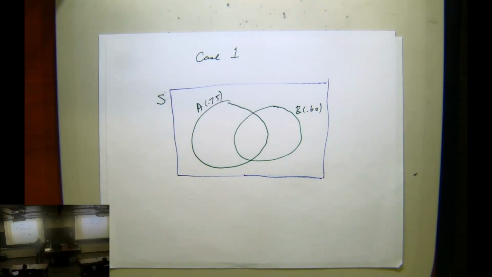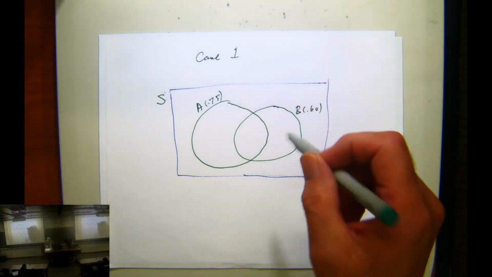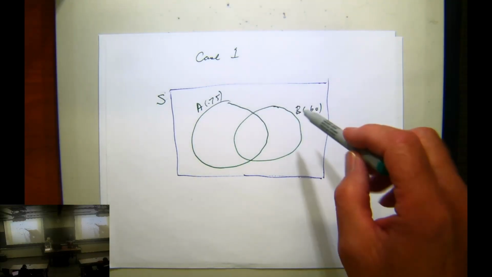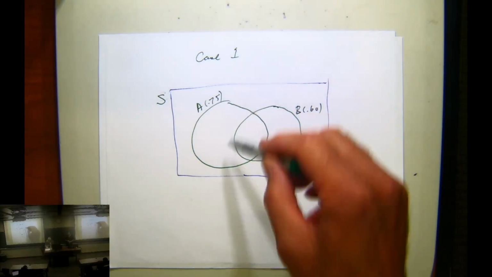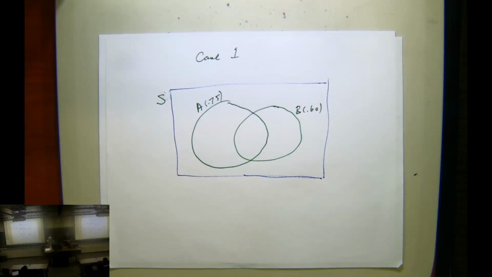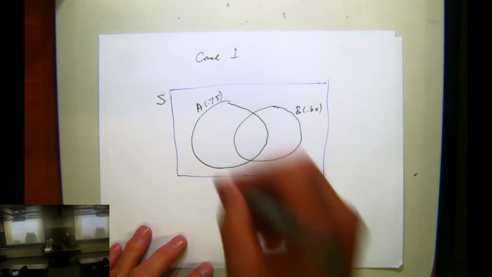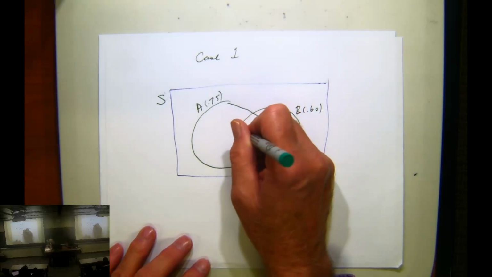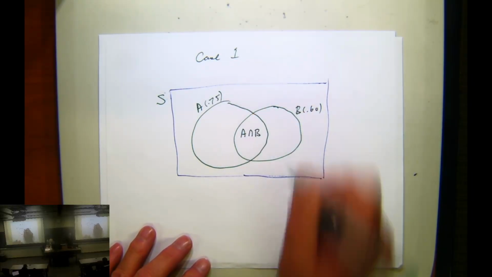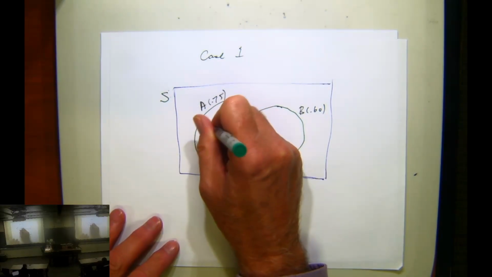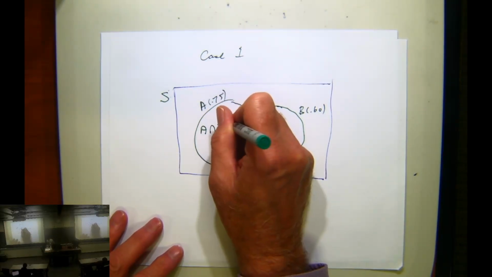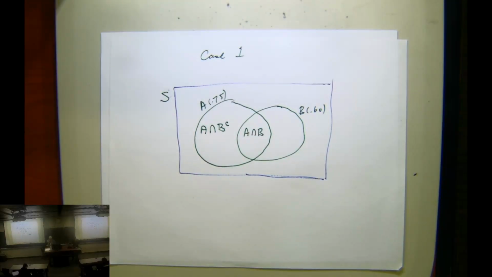And you'll notice that the sample space consists of 4 intersections. This is really critical. There's 4 mutually exclusive and exhaustive intersections. In other words, any individual is going to have to belong to one of the 4 intersections in this sample space. And if they share both A and B, we are going to be in the intersection A intersection B. If they have A, but they don't have B, we're going to be in the intersection A intersect B complement.